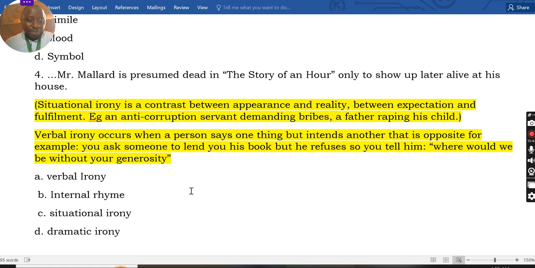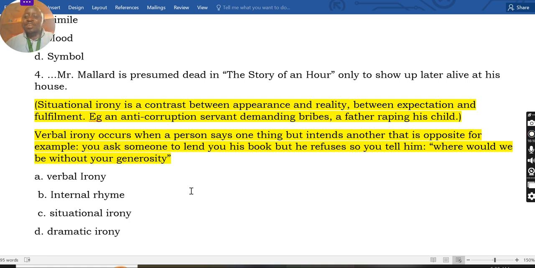verbal irony, you may ask someone to lend you his book. Simple. But that one may refuse. So when he refuses, you may say, where would we be without your generosity?